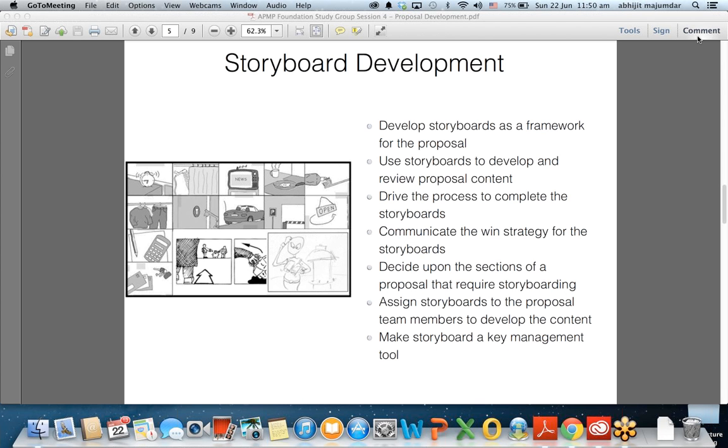So who creates the storyboard? Obviously, it is the proposal bid manager or the proposal strategist or the team which is leading the proposal. Many people ask me whether the proposal storyboard should be created by the proposal writers or the subject matter experts.